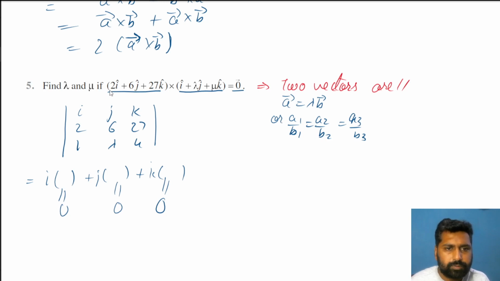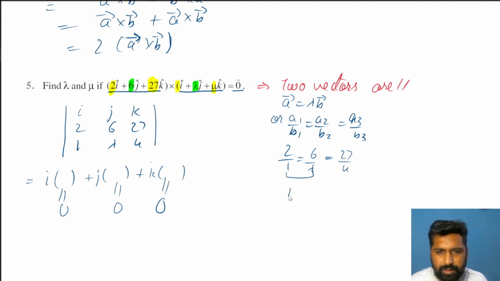Look at the ratio: 2 here, 2, 1, so the ratio is 2 upon 1. The second ratio, 6 by lambda should be equal to 27 by mu.